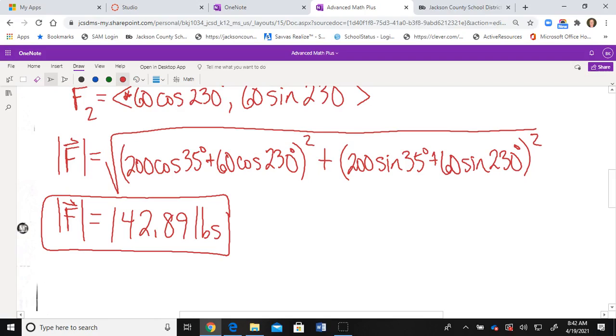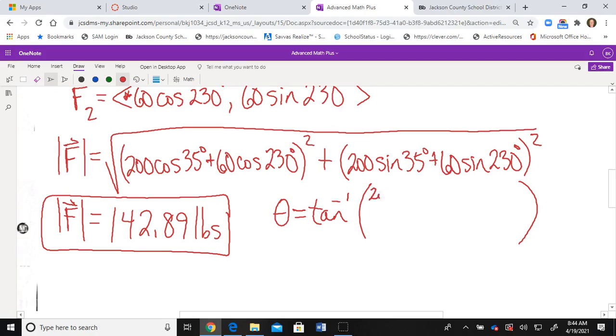All right. Please let me know if that's not what you got. All right. Theta. The inverse tan of y over x. What is y in our problem? The ones with the sines, right?